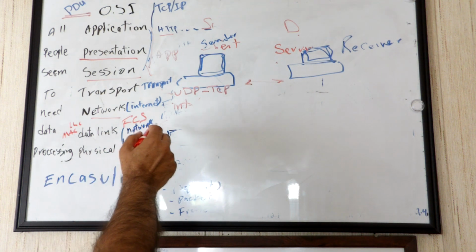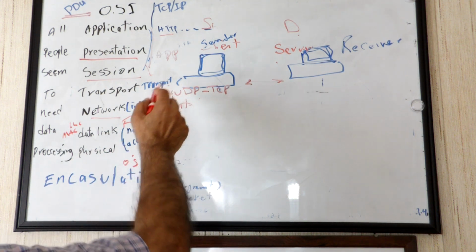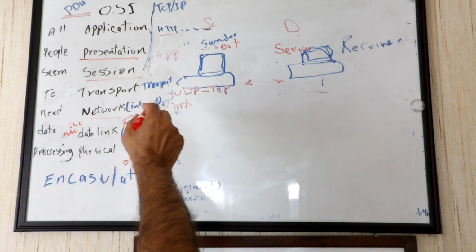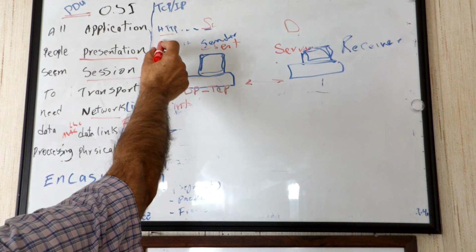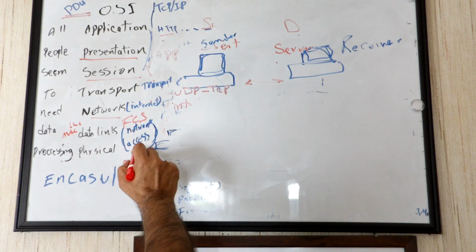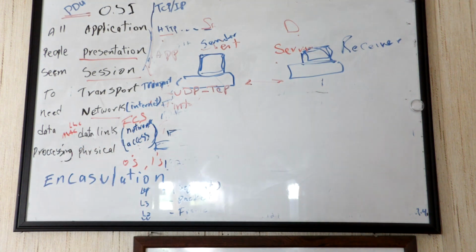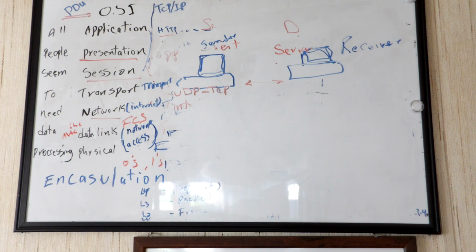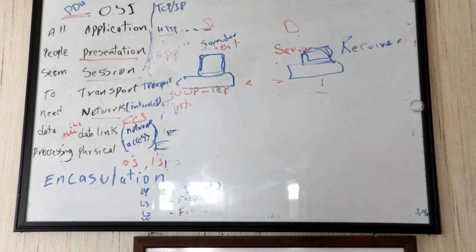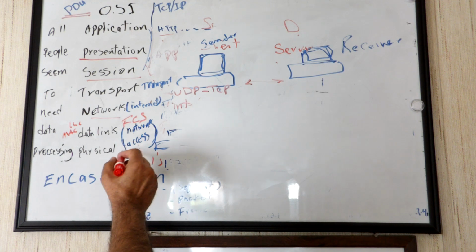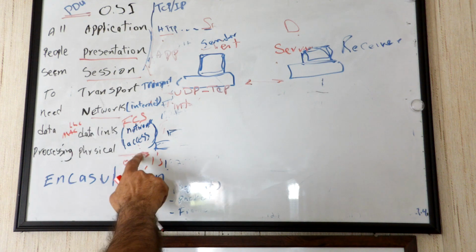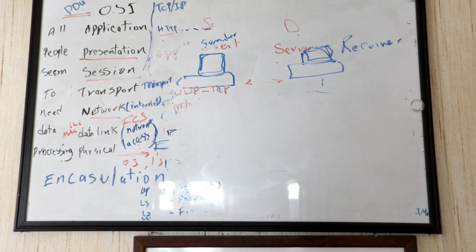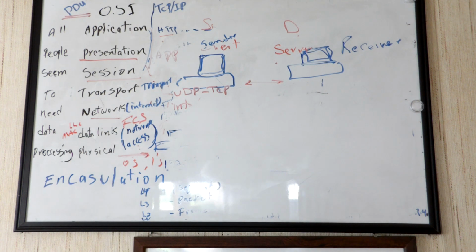So there are five layers: the physical layer, the data link, network or internet, transport, and application layer.